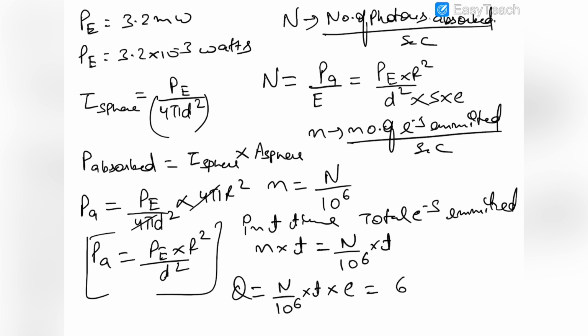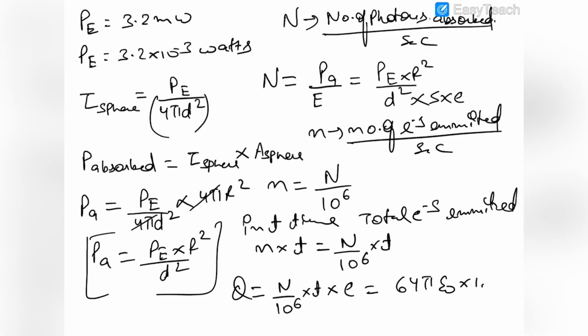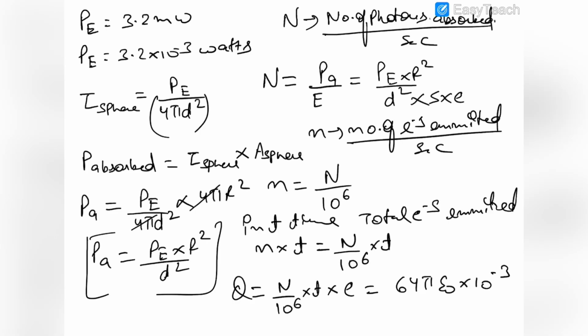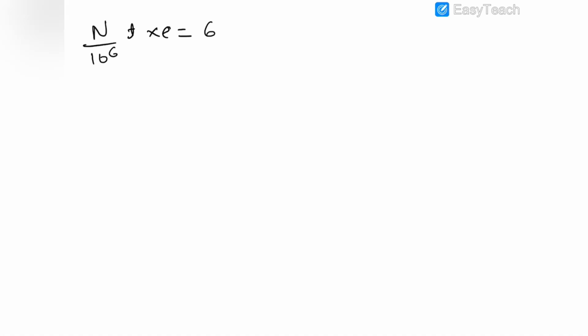And this is 64 pi epsilon naught into 10 raised to power minus 3. Okay, so let us insert a new page: N upon 10 raised to power 6 into t into e is equal to 64 pi epsilon naught into 10 raised to power minus 3.